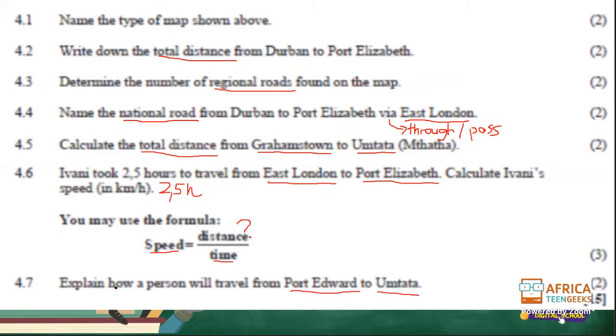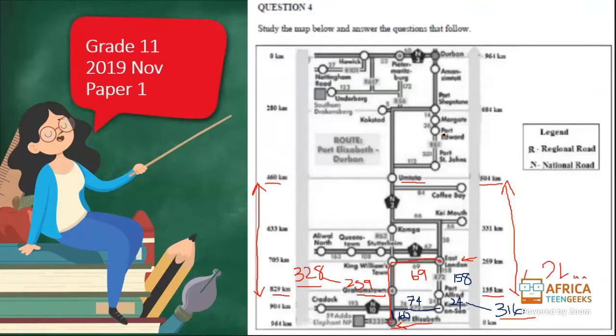So here we are given a detailed direction. Okay, so we need to identify those two towns. Here's my first town, Port Edward. There's my first town. There's my second town. Can you direct me how to get to Mthatha?